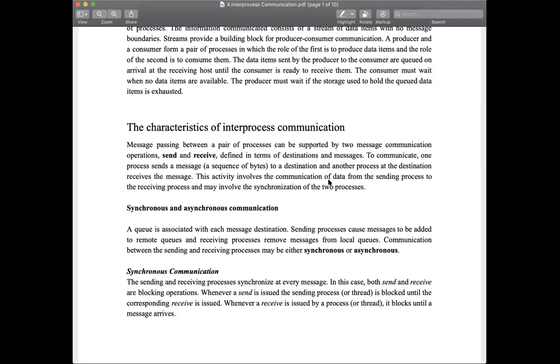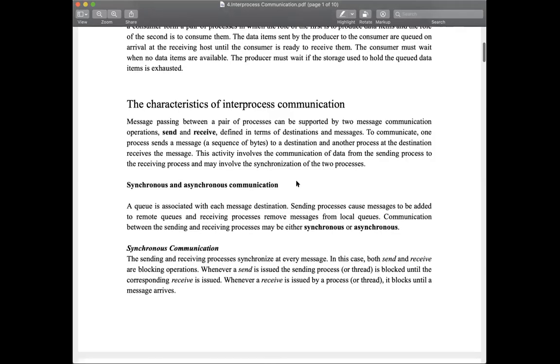So in terms of transferring a message from one process to another, that's the basic idea. As the terms say, you send and receive to communicate.